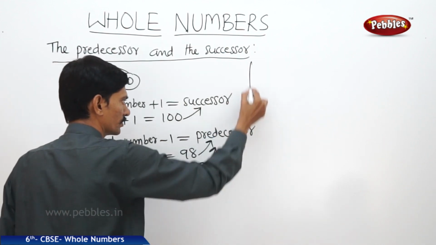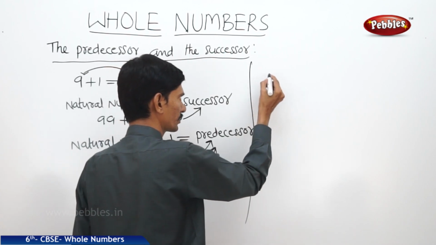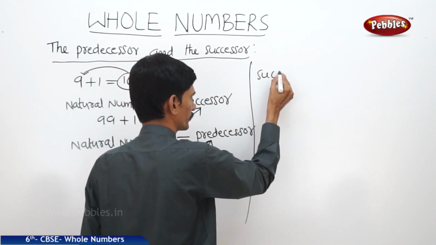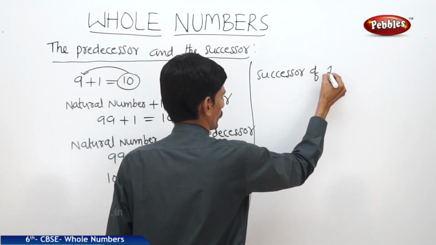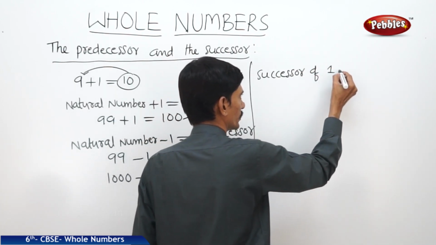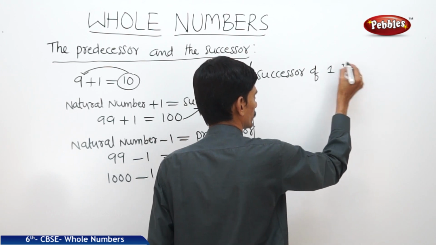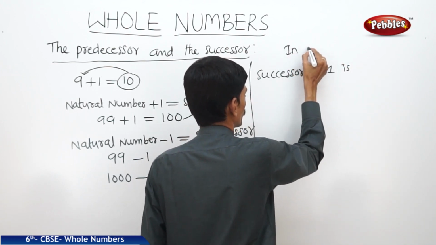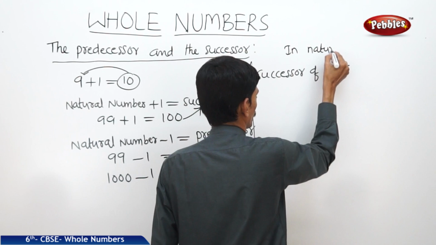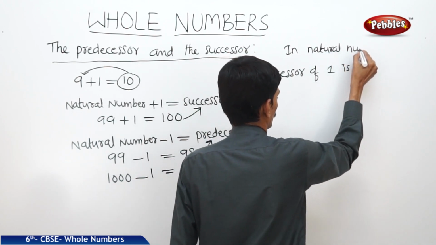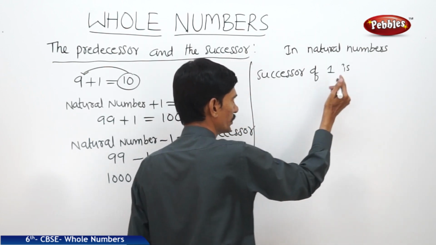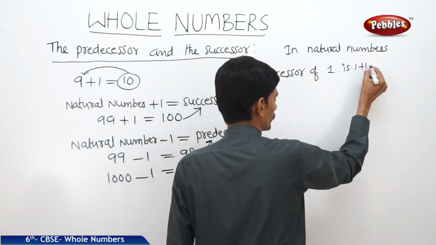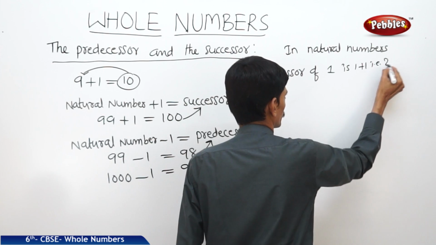Then what is the successor of 1 in the natural numbers? In natural numbers, the successor of 1 is 1 plus 1, that is 2.